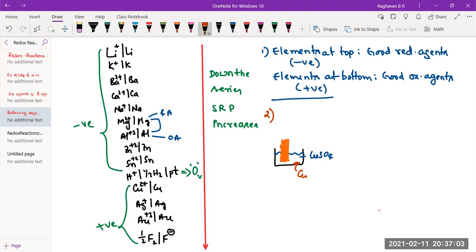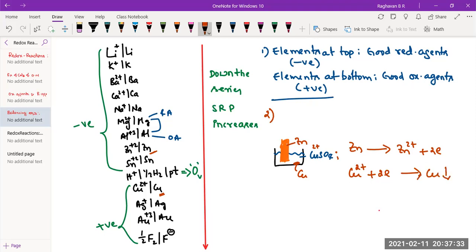Copper in the solution is there as Cu2 plus. The moment you dip zinc, zinc is upar wala, copper is niche wala, upar wala deta hai. Zinc will give electron and become zinc ion. Those electrons will be taken by Cu2 plus in the solution and it gets deposited, displaced, precipitated, whatever. This is what happens.